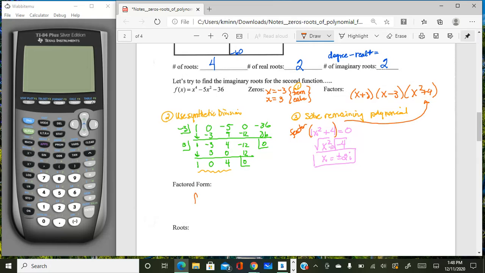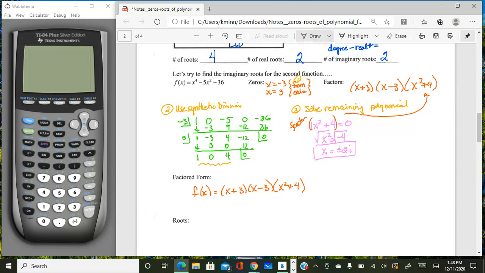So the factored form of our polynomial, from each of the zeros, we get x plus 3, we get x minus 3, and then from what we have done with synthetic division, we get x squared plus 4. That is our factored form.